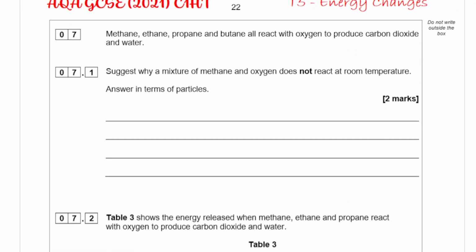Now, for it to react, the particles need to collide and above the activation energy. Now at room temperature, the particles don't have enough energy to react.